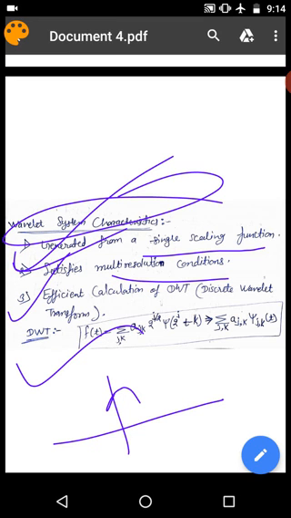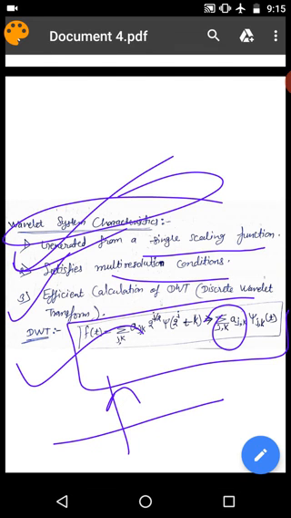This is the discrete wavelet transform. In this equation, a_jk is the DWT of f(t), where it is a two-dimensional set of coefficients a_jk.